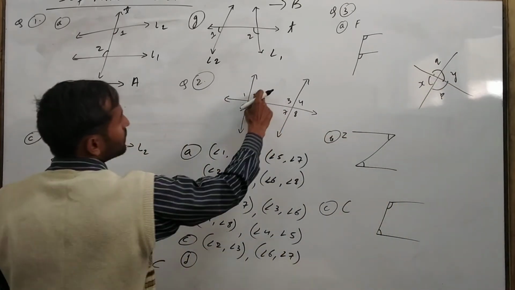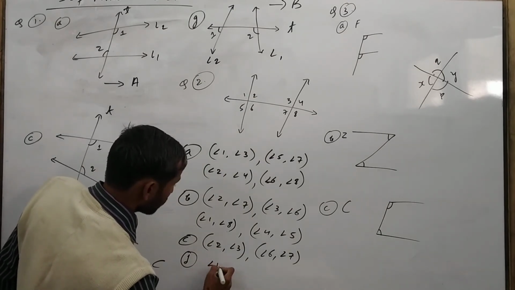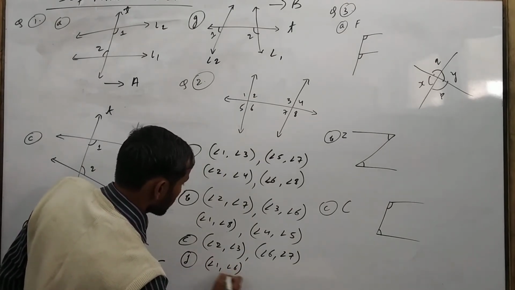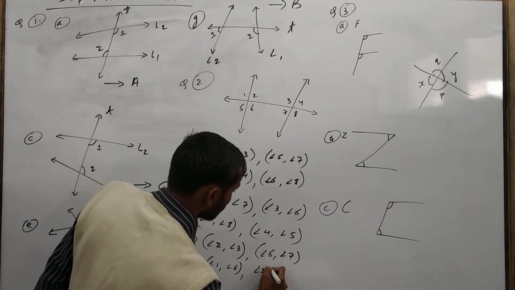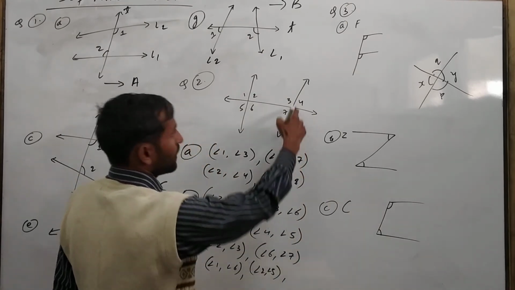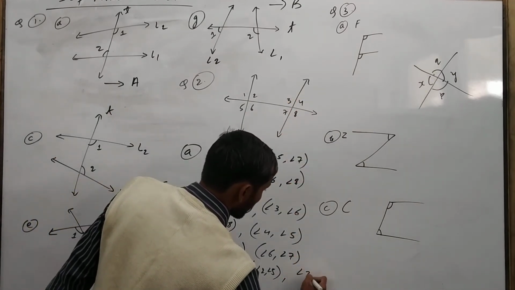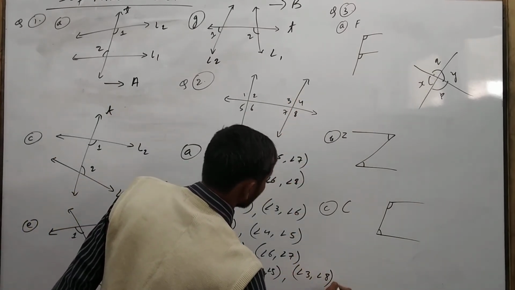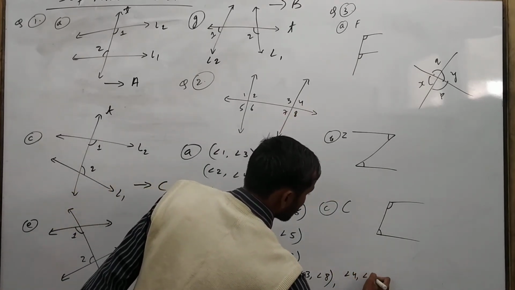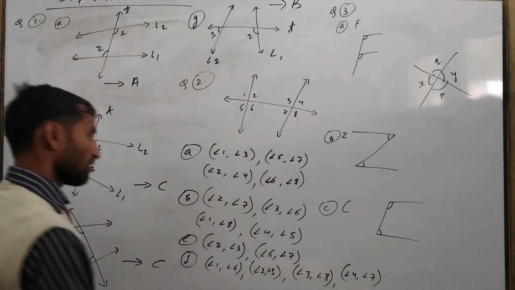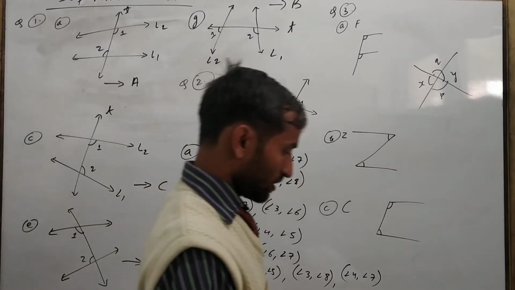Here also, angle 1 and angle 6 are vertically opposite angles. So write down angle 1, angle 6 and angle 2, angle 5. And here also two pairs: angle 3, angle 8 are vertically opposite angles, and angle 4, angle 7 are vertically opposite angles. So four pairs of vertically opposite angles are there.